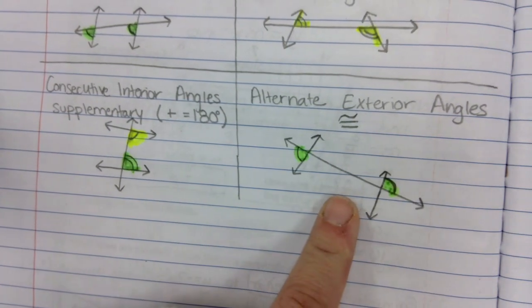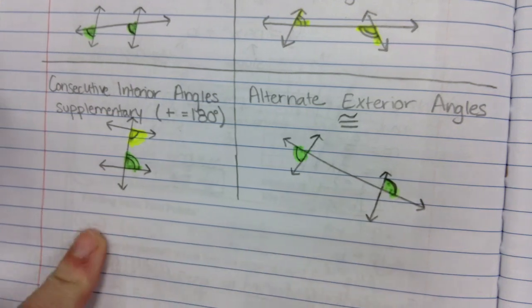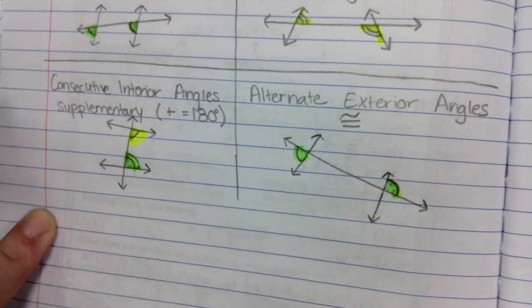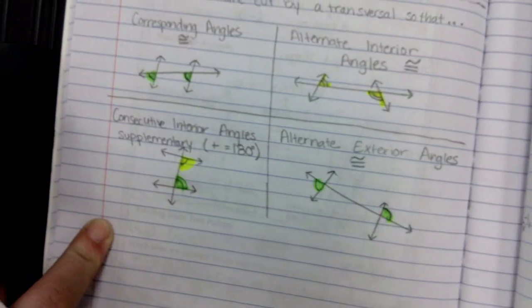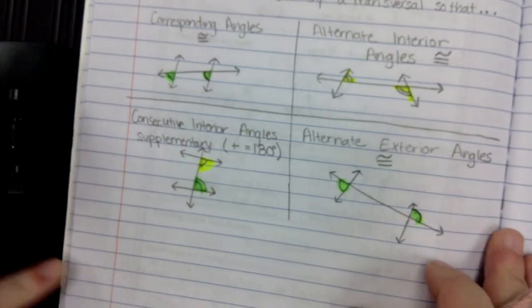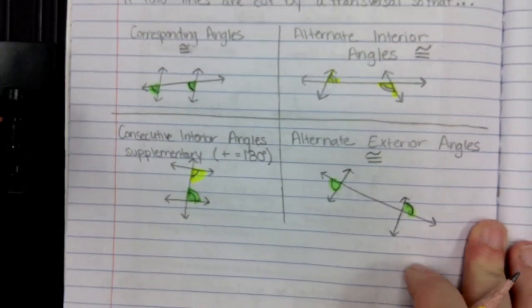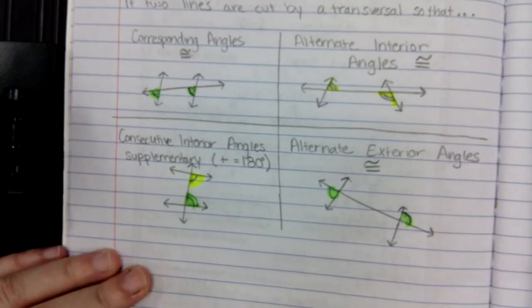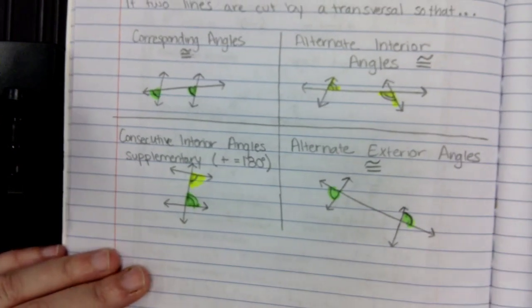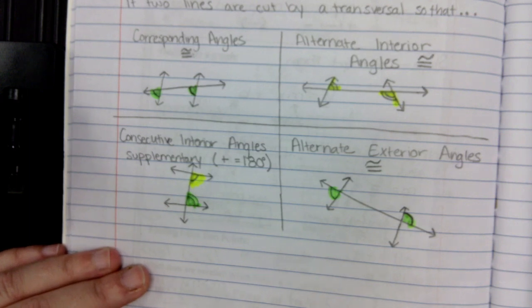We have to go over like statements. So if is that hypothesis, what word starts our conclusion? Then. Miss Sawyer said, if we have an if, then. So for all of these, it starts with if two lines are cut by a transversal, and then one of these things has to be true.